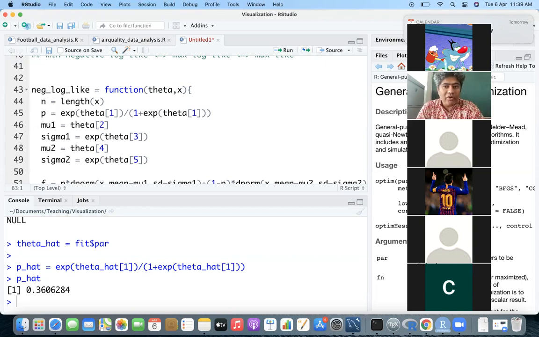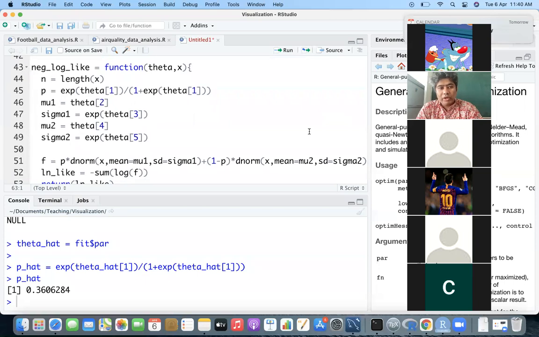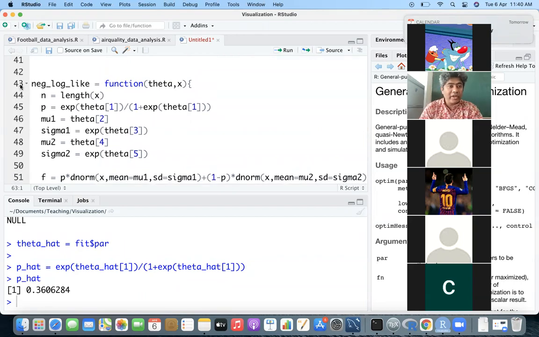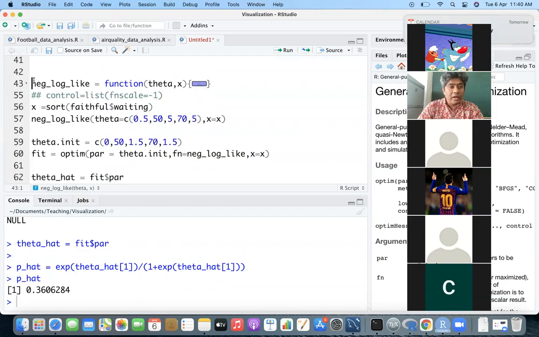If you are giving values of the parameters a little far from the actual parameters or the maximum likelihood estimates, then there is a likely chance that your function will not converge, and it will give you some estimates which are completely bogus. So you just cannot trust the optimization subroutine just as it is. Yeah, it was definitely a very good suggestion. Thanks.